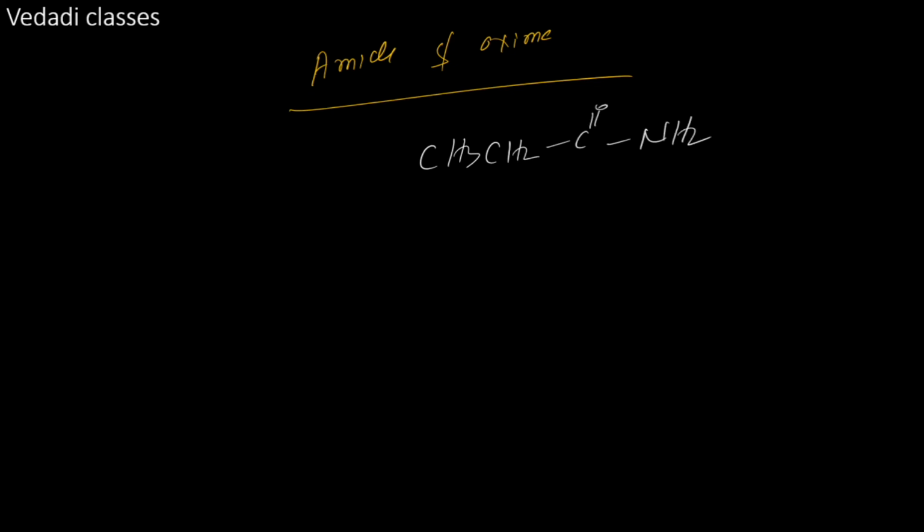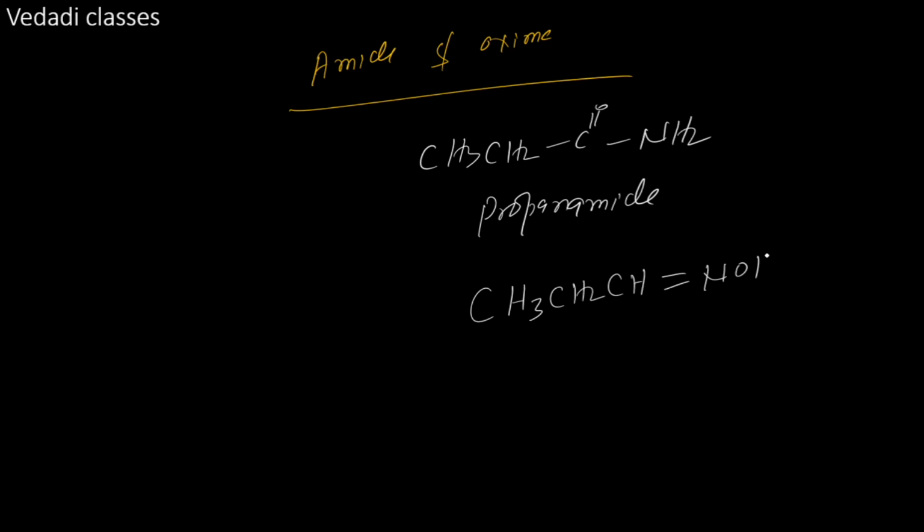How many carbon? 3 carbon. Then it's the propanamide. Now again if you take the oxime, so oxime is just like this: CH3 CH2 CH double bond NOH. So this is known as propanal oxime.